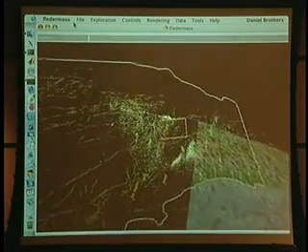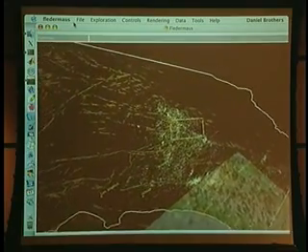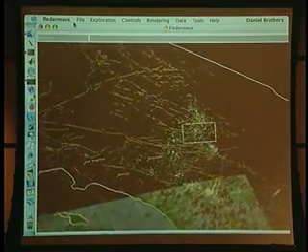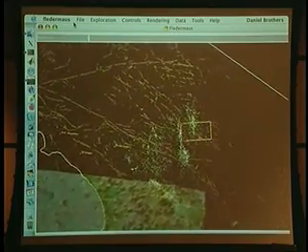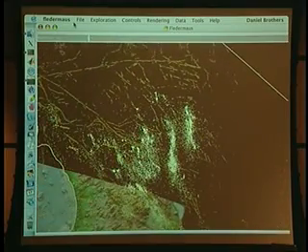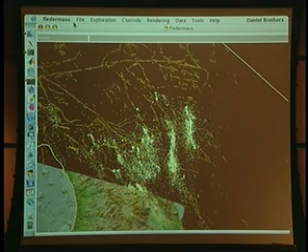Now we're going to swing over, and again, we're going to map out. This is part of the Eastern California shear zone, Landers and Hector Mine faults. And there's these series of dextral or right lateral faults.